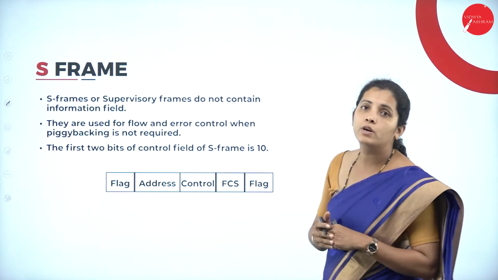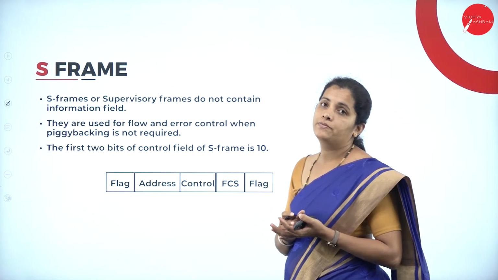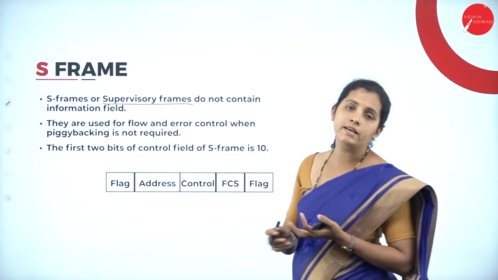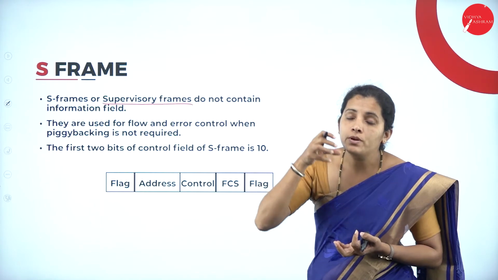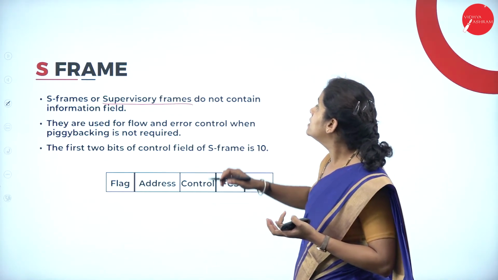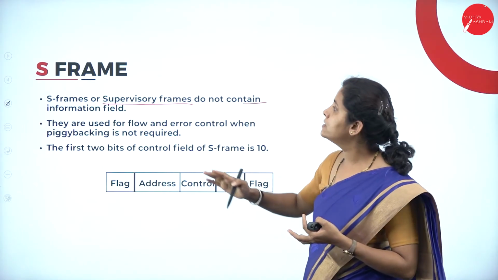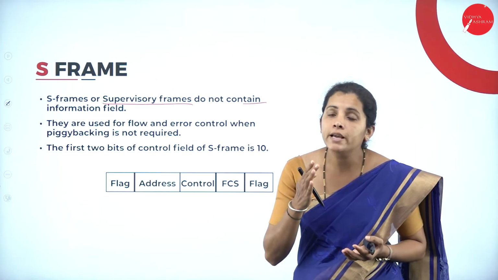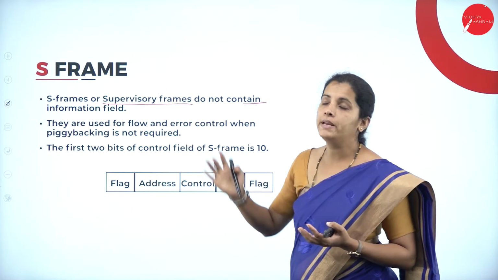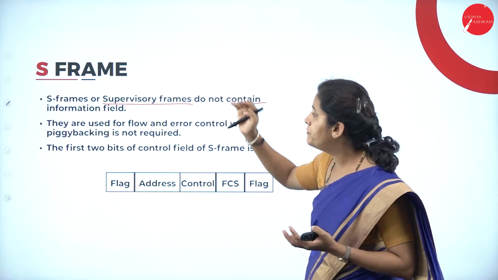Moving further, we are going to get the S frame. So what is an S frame? Here the S frame is nothing but the supervisory frame, and it does not contain an information field.